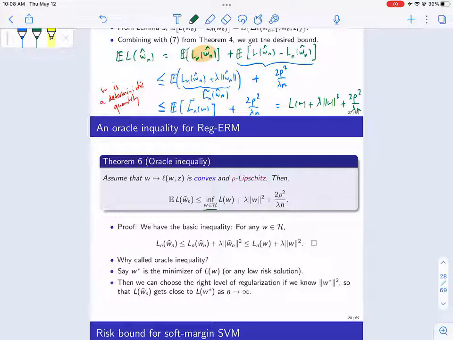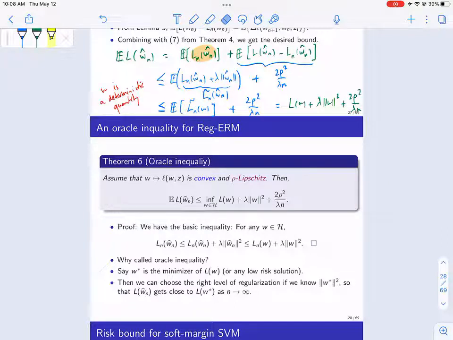So why is it called an oracle inequality? It's because, if you want to optimize this, what I would like is that L of W hat n is close to L of W star, where W star is the minimizer of L w. If I plug this in here, I get L W star plus this extra term, and then I have to choose lambda properly.